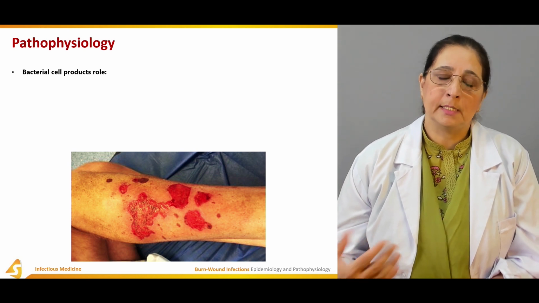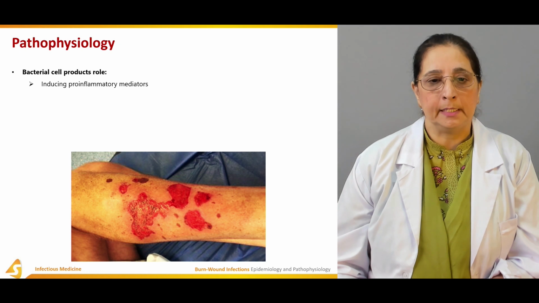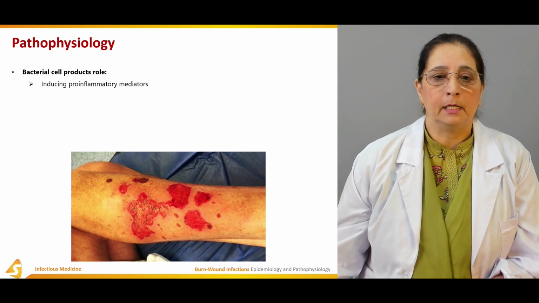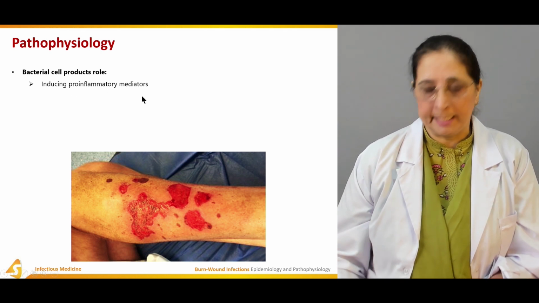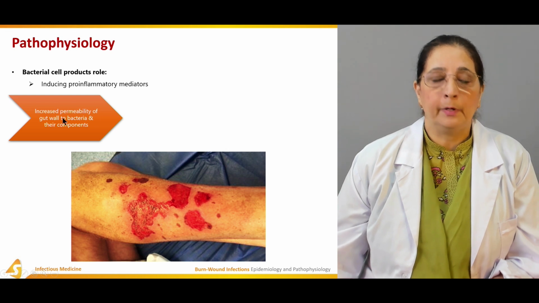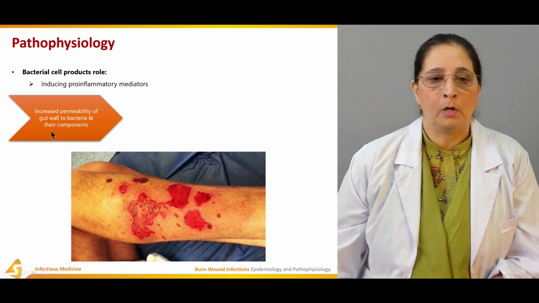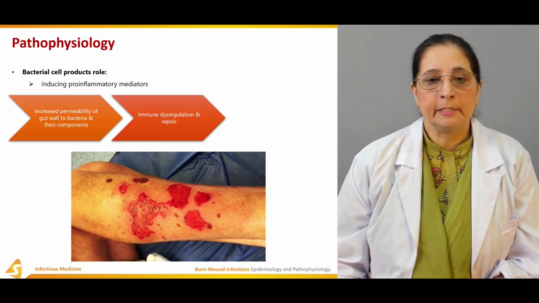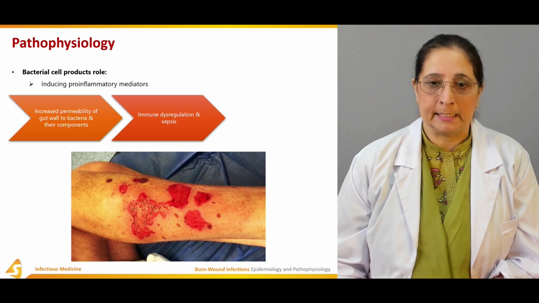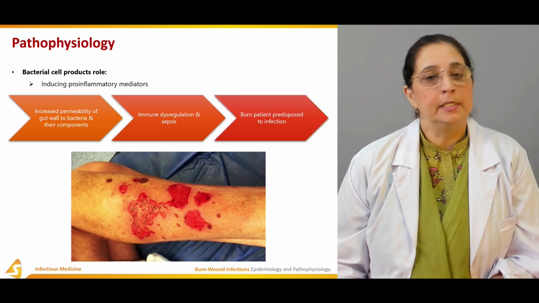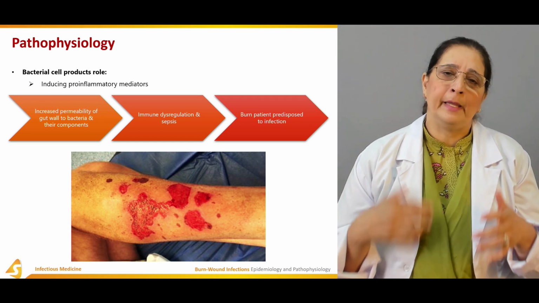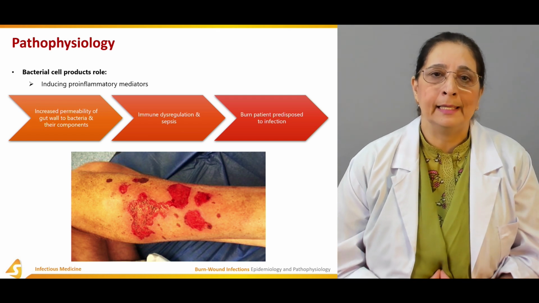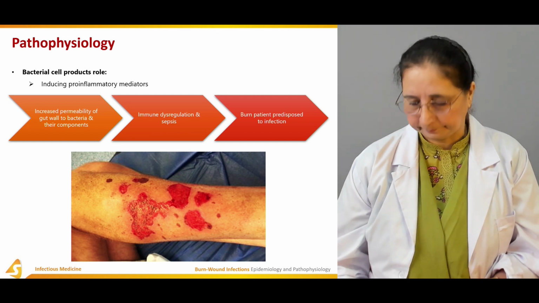Bacterial cell products are also produced that help in the process, like pro-inflammatory mediators, which increase the permeability of the gut wall to bacteria and their components, causing immune dysregulation and sepsis, and the burn patient is predisposed to infection. So different pathophysiological phenomena are working in the burn patient that lead to the infection.